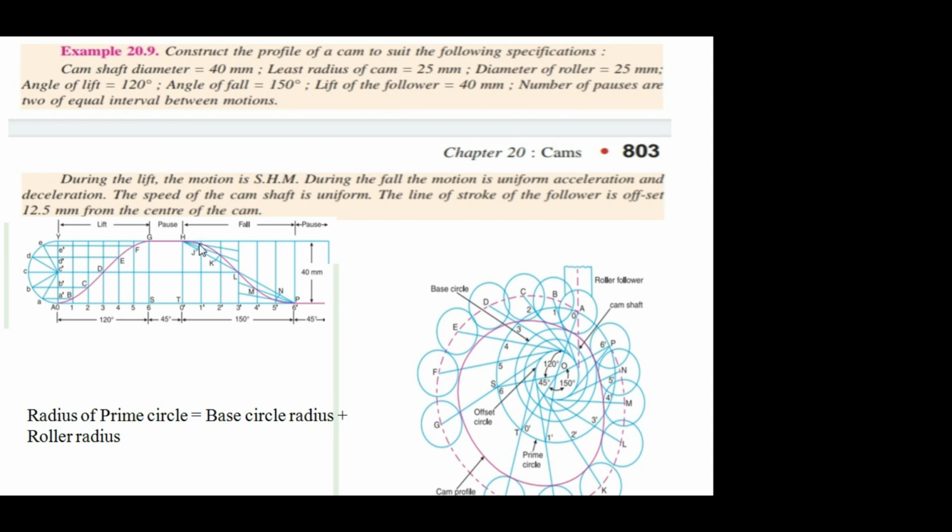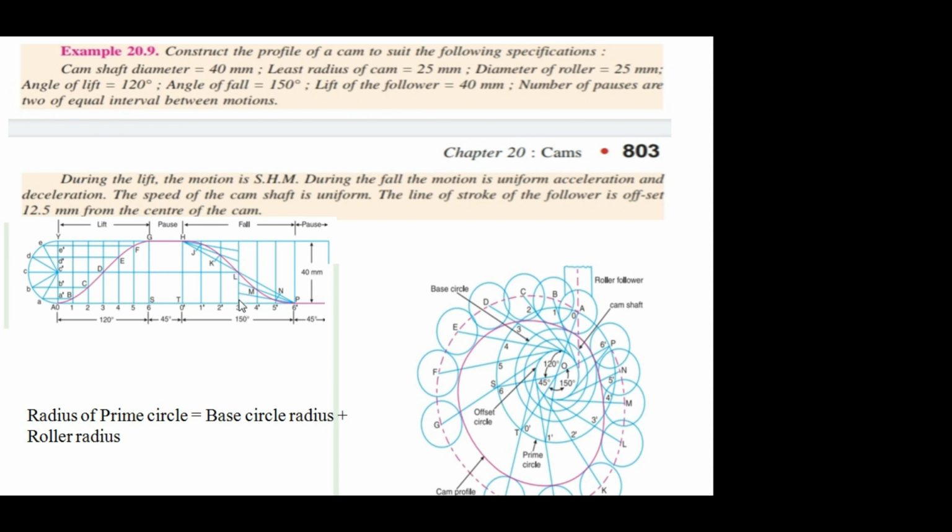So while drawing the displacement diagram for return stroke, make the construction of uniform acceleration and retardation.